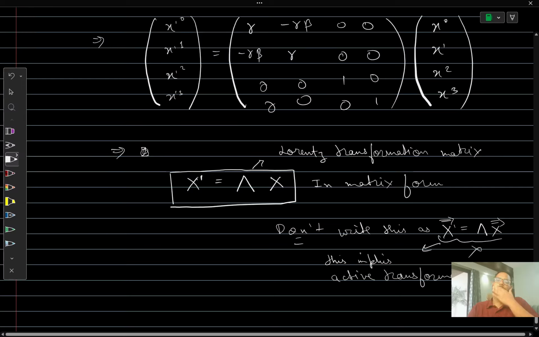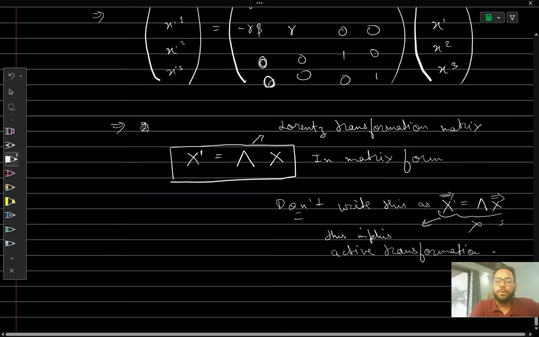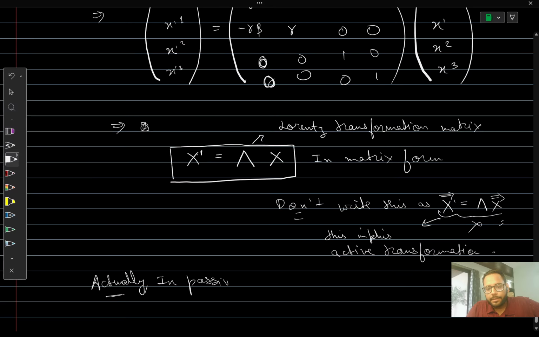We are doing passive transformations, meaning the vector itself does not change by any kind of transformation. But this notation implies that the vector, on applying the Lorentz transformation, has changed to a primed vector, but it has not changed. Actually, since it is a geometric object, it will not change in passive transformations, and these are the passive transformations that we are doing.